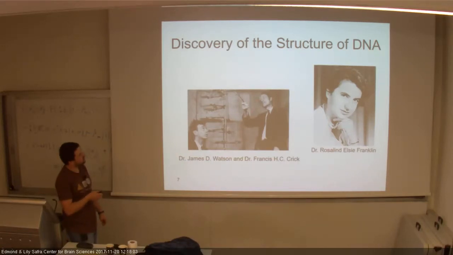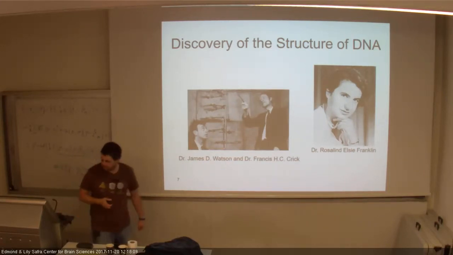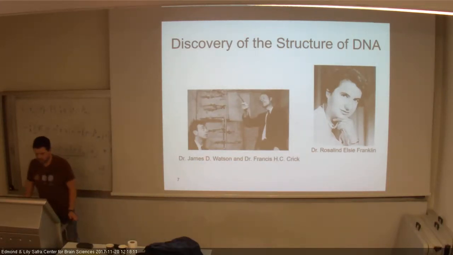The structure he said was true in the beginning was actually wrong, and in the end, the structure that she offered was the correct one, but she died without receiving a lot of credit for that. So we're trying to give a little bit of that credit back.